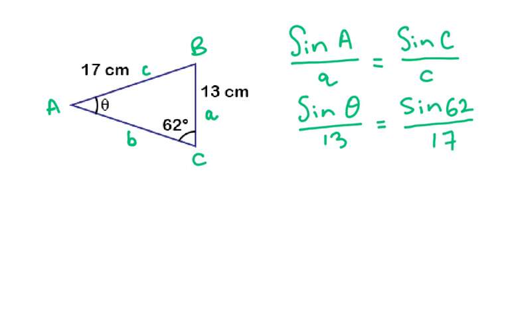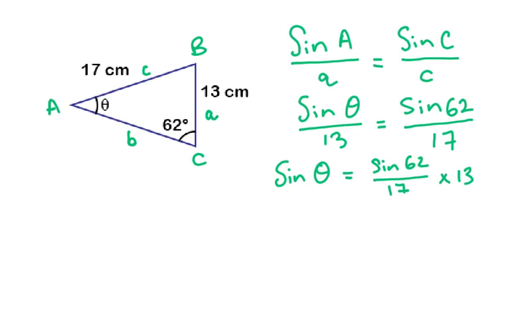We now go through the motions of trying to get theta on its own. So I'm going to go sine theta is equal to sine 62 over 17 times by 13. Now theta is still not on its own.